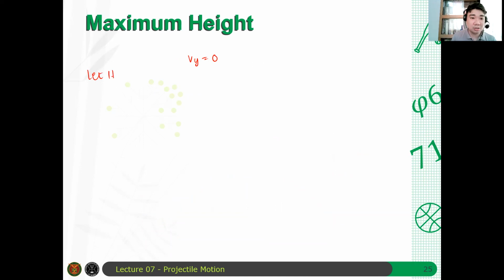Let h be height such that Vy equals 0. Then, wala tayong time. Di pa natin alam yung time. Ano pwede nating kinematic equation na gamitan? We know our maximum height. And initially, we have a particle V naught y equals V naught sine alpha naught. Right? So in that case, paano to?